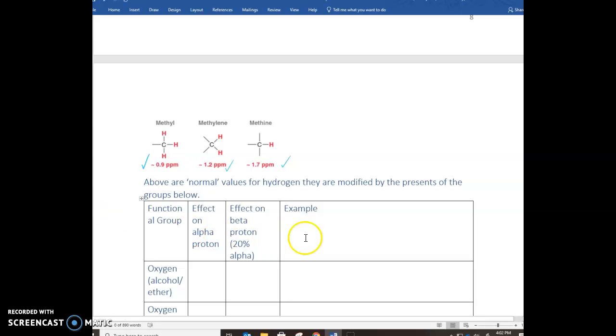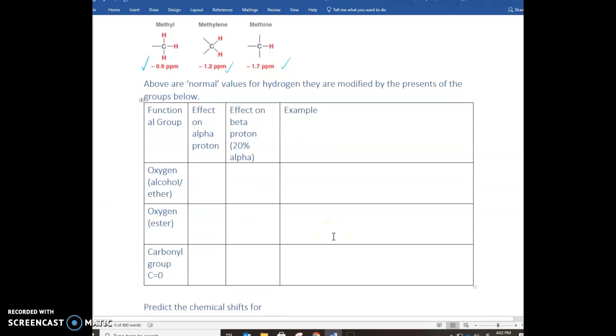If we have an oxygen involved in an alcohol or an ether, we expect the alpha proton to be downshifted 2.5. The beta proton is going to be downshifted 0.5.